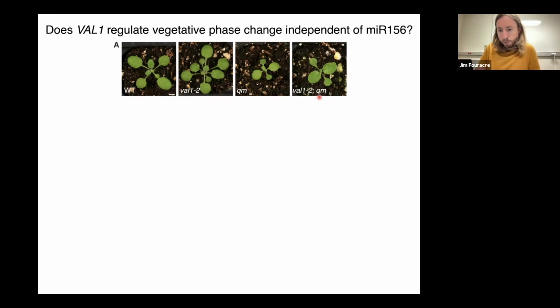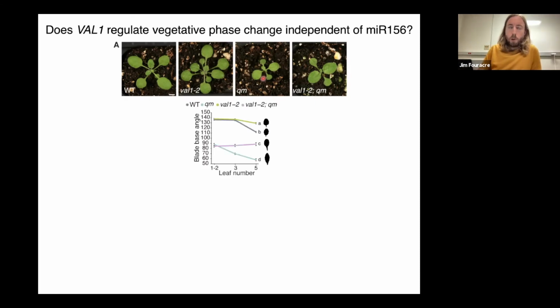And the gross morphology of early development shows that the quadruple mutant phenotype is largely epistatic. If you look at the development of leaf 1 and 2 and the rate of leaf initiation, it looks largely like the quadruple mutant plant itself, suggesting that the activity of VAL1 is largely mediated by 156.